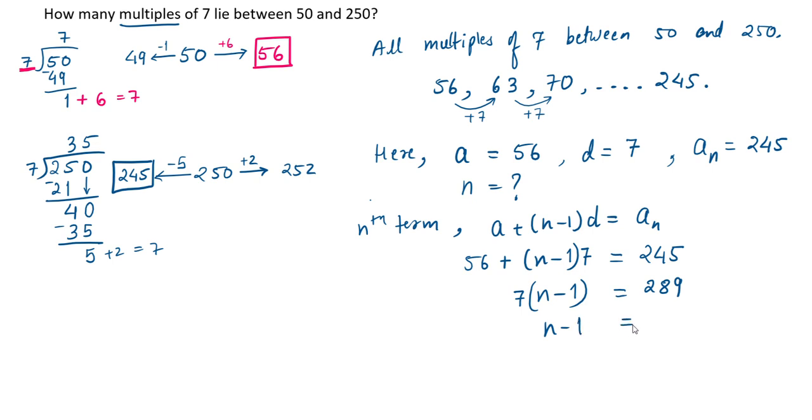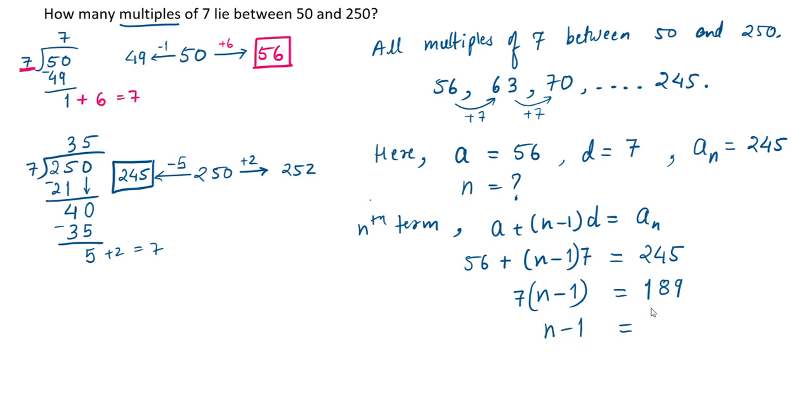Then we can divide it by 7. Something went wrong over here, let me check. Okay, I should have written 189, not 289. So let's divide it by 7.